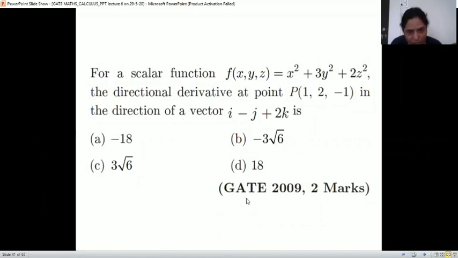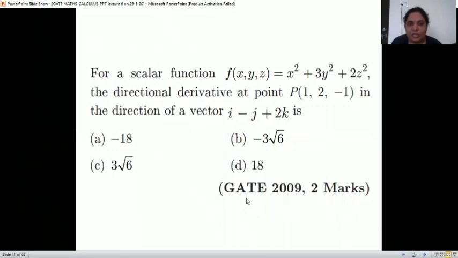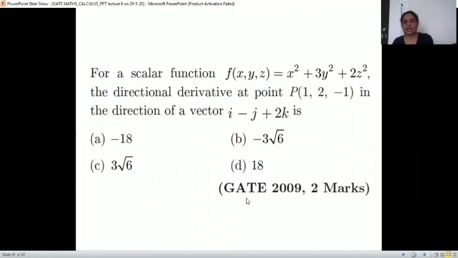If a function is given to you, what is its directional derivative? A scalar function, obviously. If phi is a scalar function, its directional derivative in the direction of the vector a bar is del phi dot a cap.